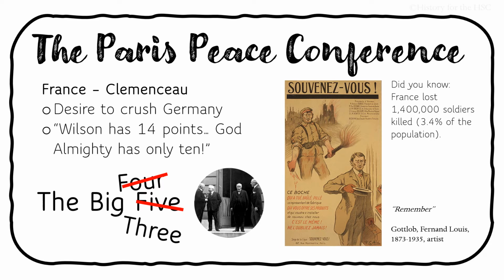It is important to understand that both Wilson of the USA and Clemenceau of France are looking to solutions to the problem of war. Their ultimate goal in the end is the same, to stop war. However, they're going about it in very different means.